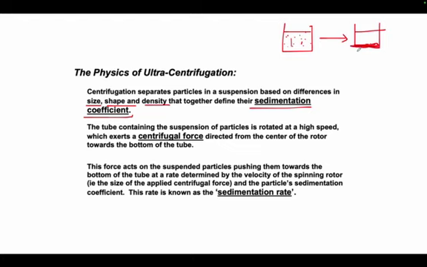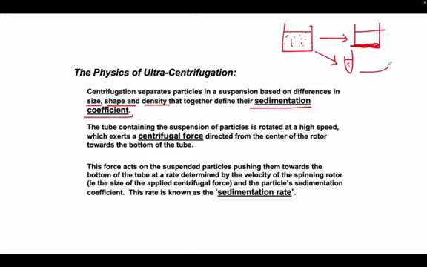Centrifugation is basically taking advantage of this process called sedimentation. This process is going to take a good 20 minutes, 1 hour, a few hours maybe, depending on the size of the particles present. So what centrifugation does is, I can add this to a tube and then spin it at very high speed.